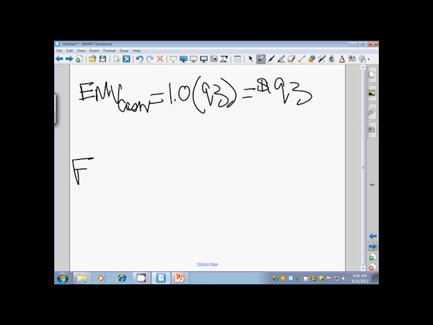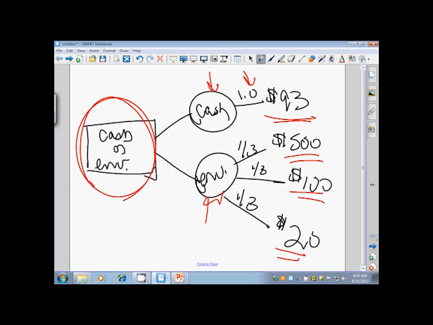The expected monetary value, if I take an envelope, is a little bit harder. If you take a look, I have 3 different options that can happen, or 3 different outcomes that might occur. I have a 1 in 3 chance of getting the $500, a 1 in 3 chance of getting $100, and a 1 in 3 chance of getting $20.